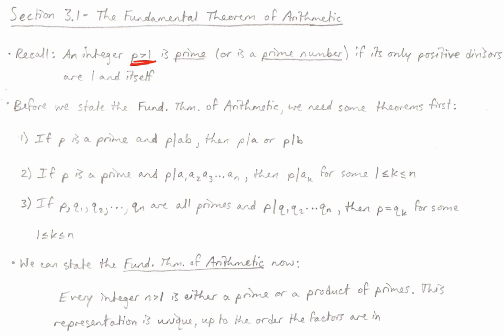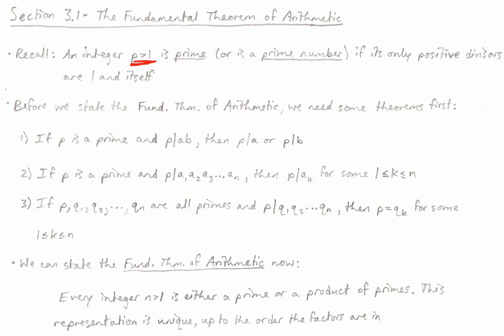And if you just stop and think about this for a second, it shouldn't take too much time to see that that really does make sense. If it's going to divide the product, then it has to divide one of the factors in that product.